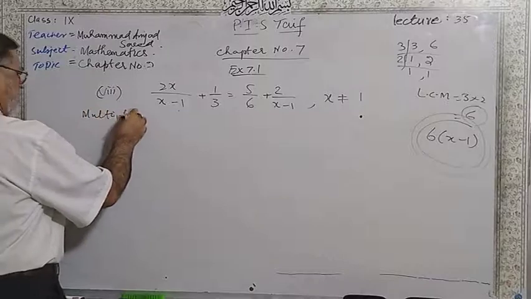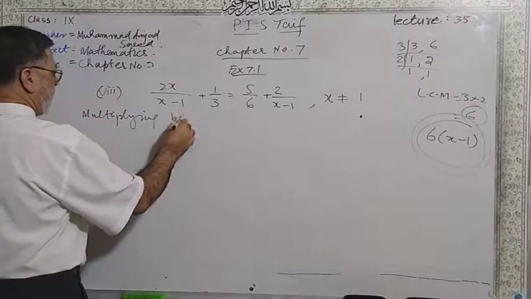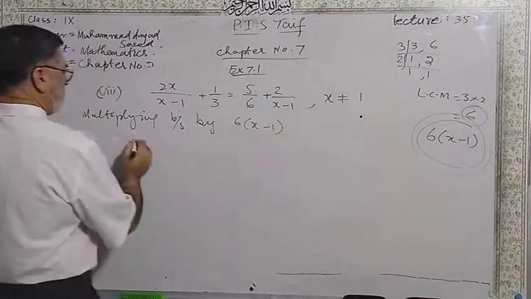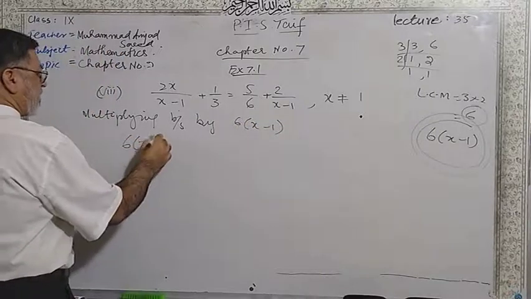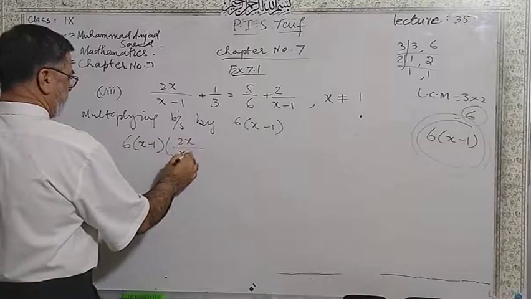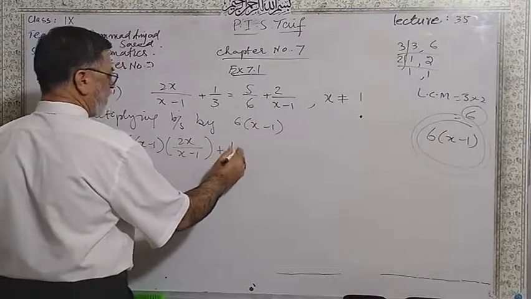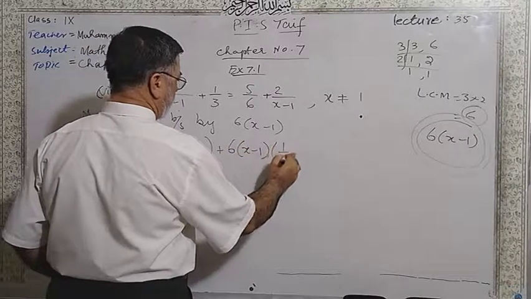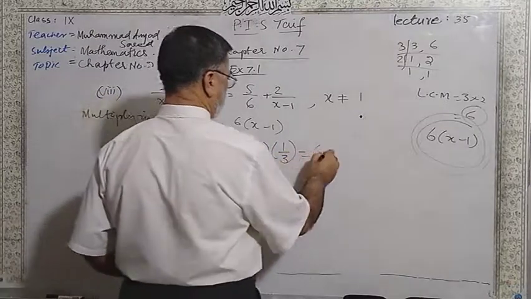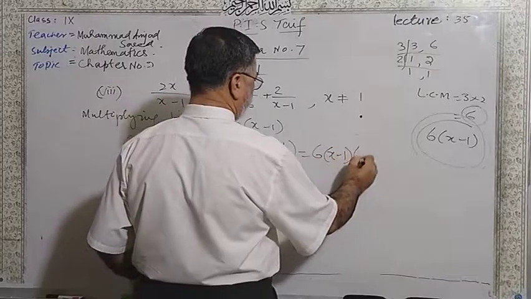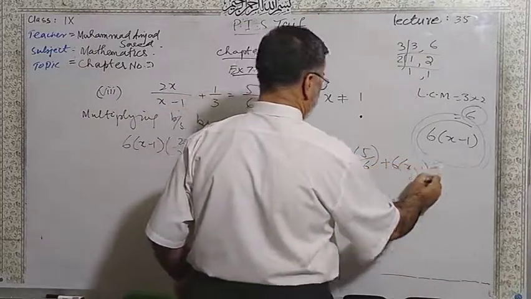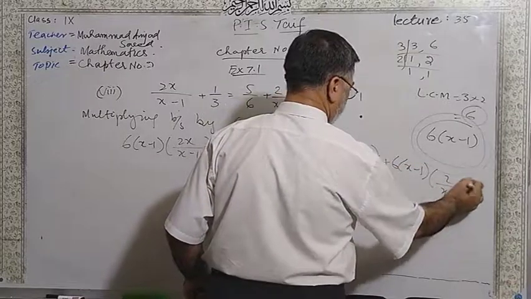Multiplying both sides by 6 into x minus 1. 6 into x minus 1 into 2x over x minus 1 plus 6 into x minus 1 into 1 by 3 is equal to 6 into x minus 1 into 5 by 6 plus 6 into x minus 1 into 2 over x minus 1.